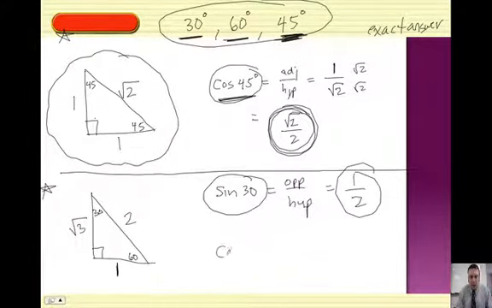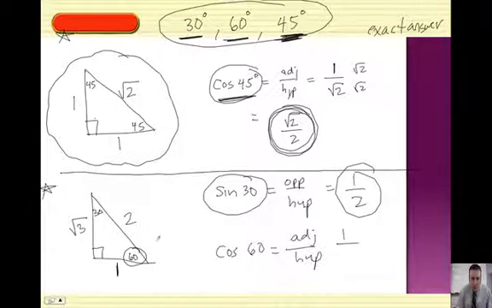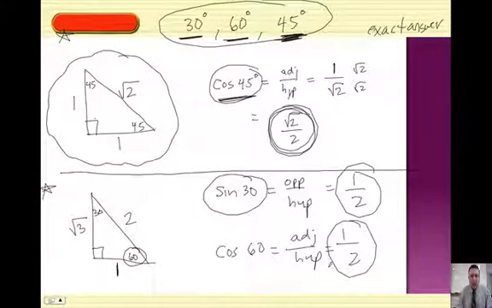If I said what's the cosine of 60 or tangent, whatever it is, all you have to do is once again look at the 60 and say, okay, adjacent over hypotenuse, adjacent to 60 is 1 over hypotenuse is 2. Look at that, it's the same answer. Sine of 30, cosine of 60, same answer, 1/2. Okay? You need to know that to do the next problem.